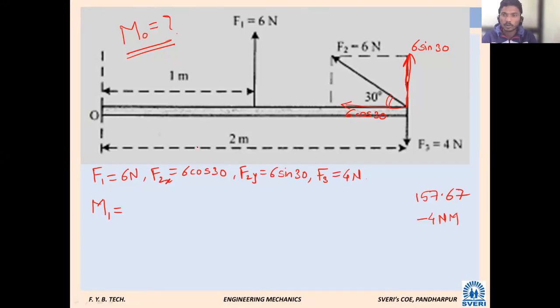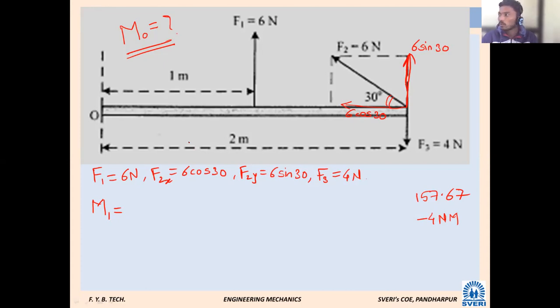So what is our formula for moment? Magnitude of force into perpendicular distance. Now imagine point O is fixed and force F1 is applied in the vertical direction. How will this object rotate? Anti-clockwise.